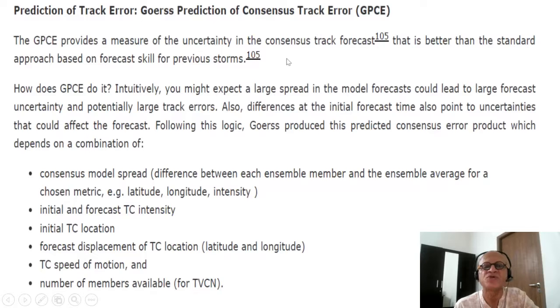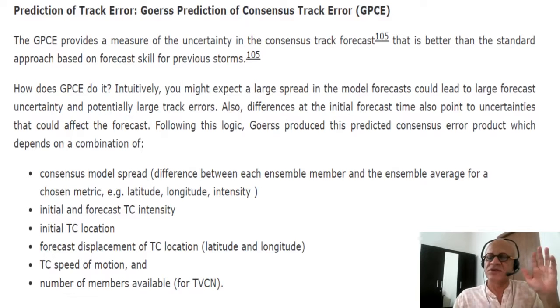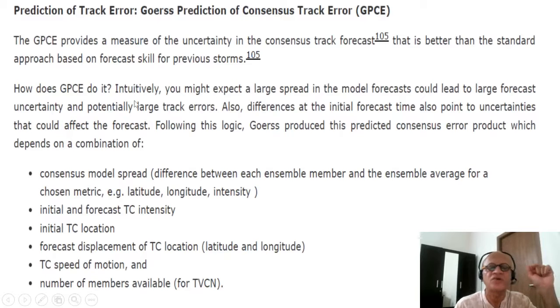GPCE provides a measure of uncertainty in the consensus track forecast that is better than the standard approach based on forecast skill of previous storms. Typically you make track error estimates based on model performance for past cyclones, but this one does it in this way.